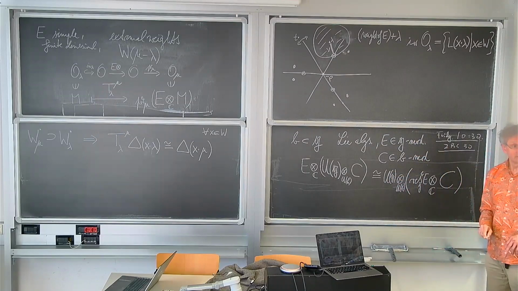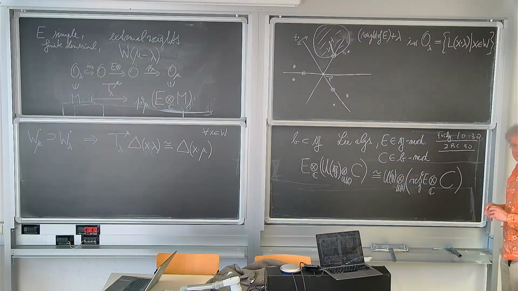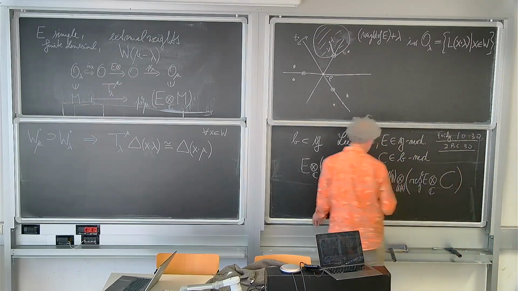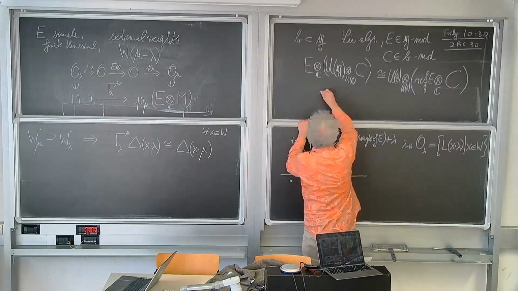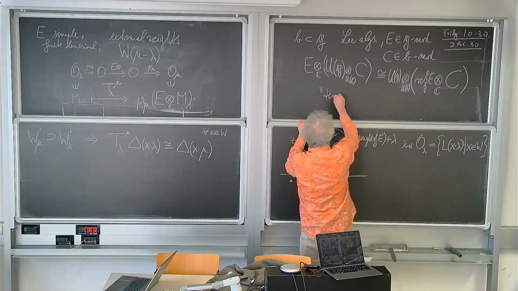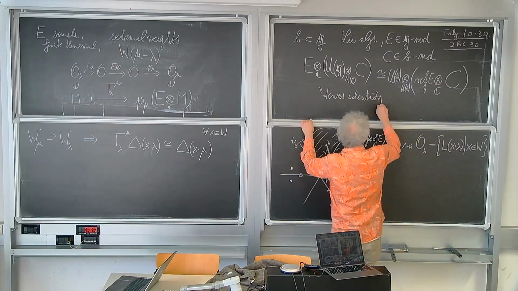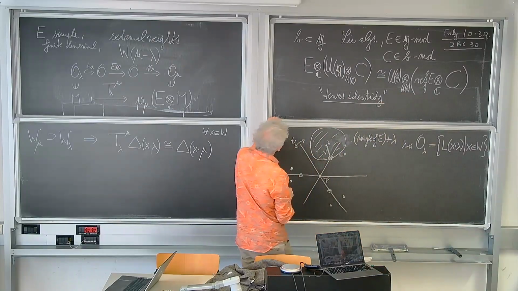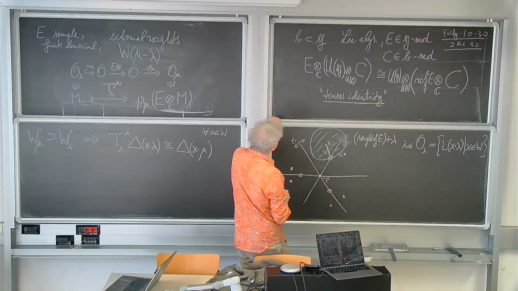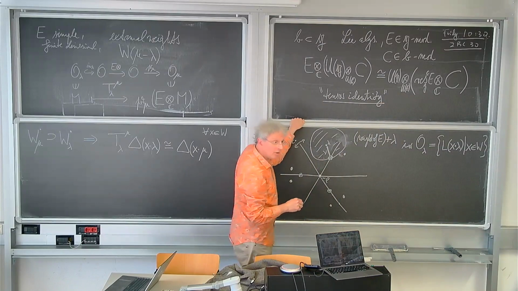This is isomorphic representations. And why is this? Well, this is what is called the tensor identity. And this is because all these are adjoint functors of something easy.